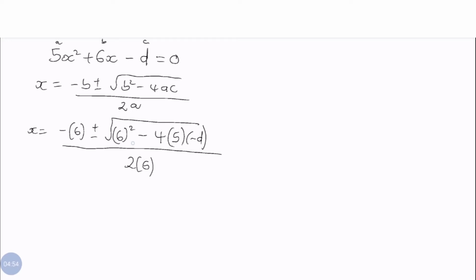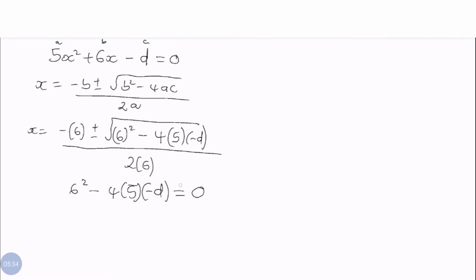This is supposed to be equal to 0 because this represents the b squared minus 4ac. So this is what we will do to show that it has equal roots: 6 squared minus 4 multiplied by 5 multiplied by negative d, all this equal to 0.